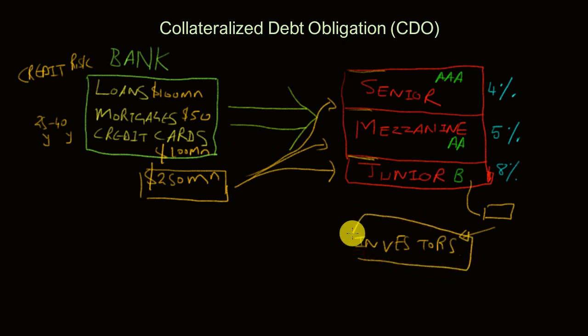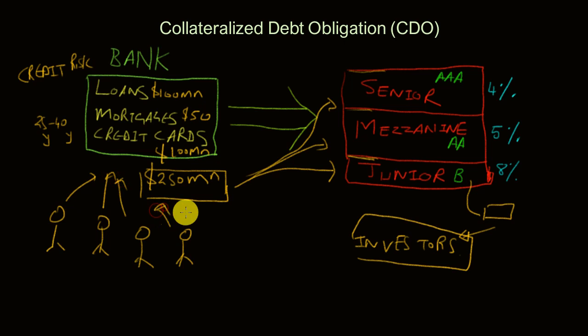So that's what these are called: collateralized debt obligations. In other words, the investors' returns are dependent on these customers paying their loans. So you have loan customers, mortgage customers, credit card customers. As long as all these customers repay their interest and their principals, these investors will be getting their return.